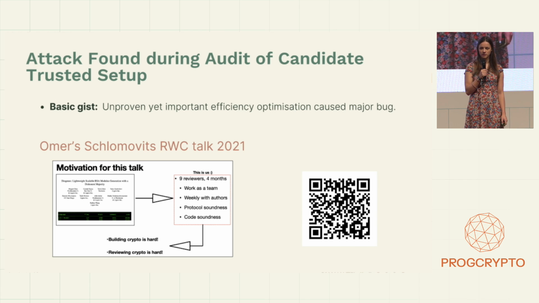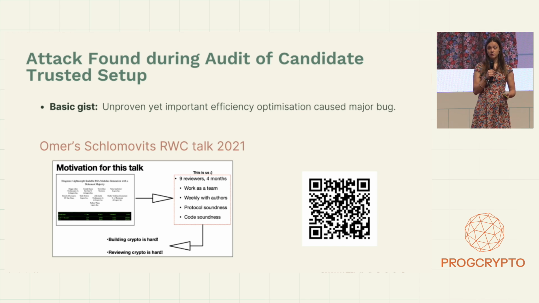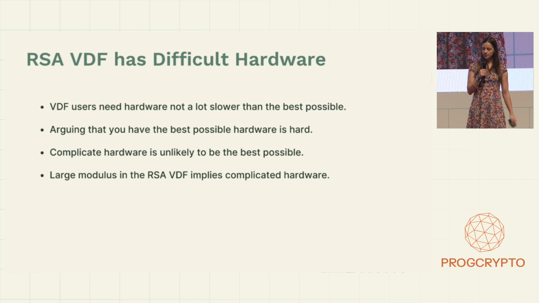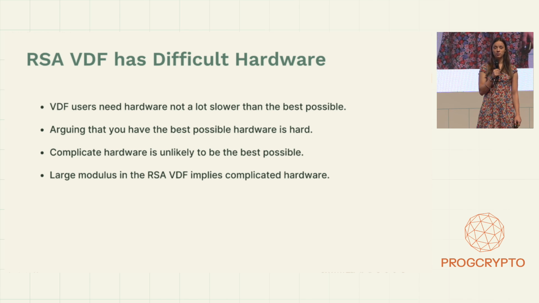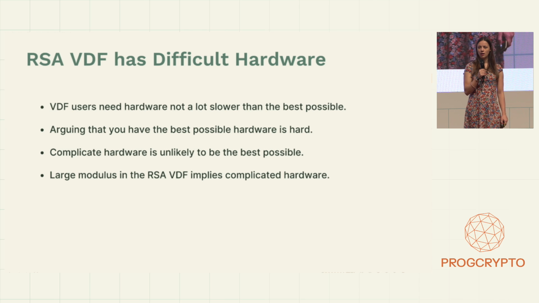Are there other solutions? But actually, I would say that even if this attack hadn't come out, there's a good chance that we would have been caught with the next issue, which is that we were already looking at the hardware for the RSA VDF, and we were already realizing that it was going to be very difficult. VDF users need to have hardware which is not a lot slower than the very best possible hardware for the VDF they're trying to compute.